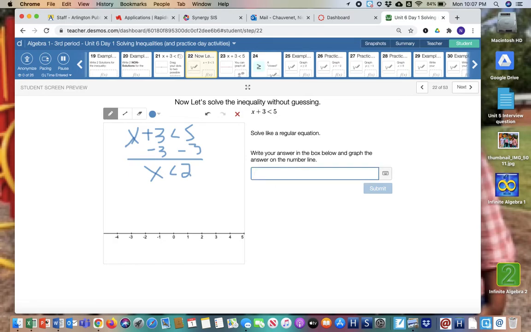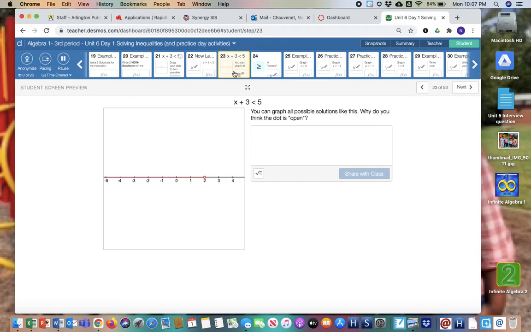Okay, so here's what we get. x is less than 2. So now I'm going to put a circle above the 2 and an arrow going to the left because we need less than 2. Okay? So now you can graph all the possible solutions like this. So why is this dot open? Why do we have an open circle over the 2?